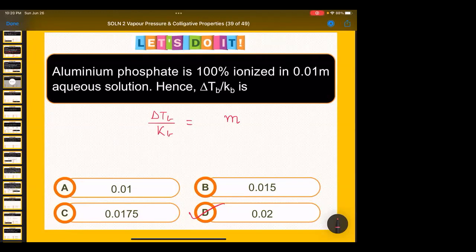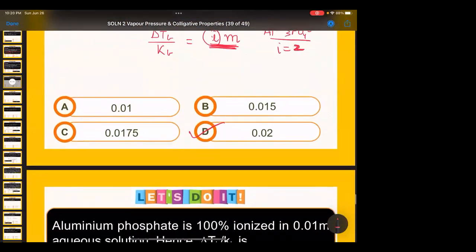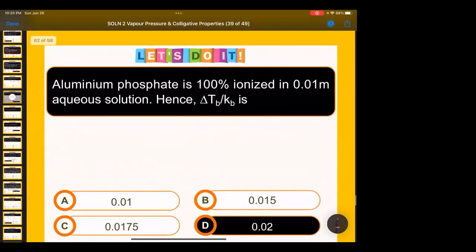If you have taken a solute which is undergoing association or dissociation, in order to take it into account, you need to multiply by i. So aluminum phosphate, aluminum is +3 and the phosphate is -3, and they give two ions. So i will be equal to 2 if you assume that it is 100% dissociated, so 2 into 0.02. So that is going to be the answer. Right. Good.